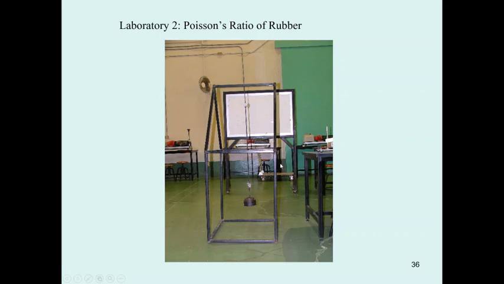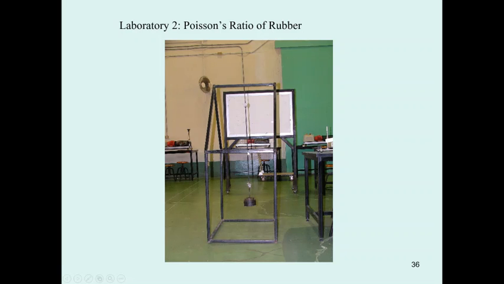In this lab, you study the behavior of the rubber by putting it in tension. You start by specifying the original length of the rubber band, measuring L sub 0, and the width, B sub 0. When you increase the load, L sub 0 changes to L sub 1.